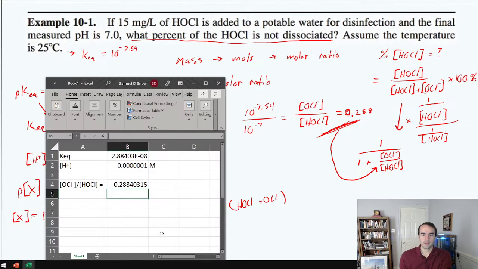Okay, so let's take that to Excel and say our percentage that we're interested in is going to be equal to 1 divided by 1 plus this, and then multiply by 100. So we've got 77.6%.